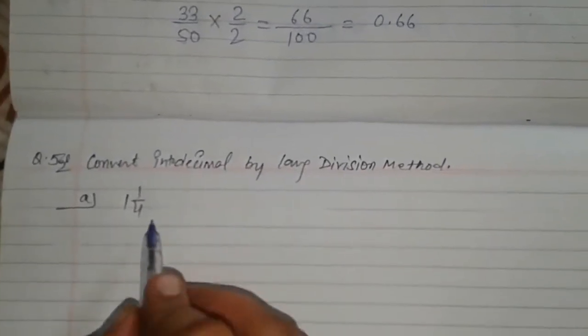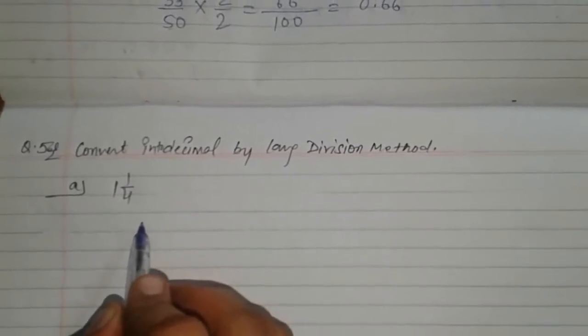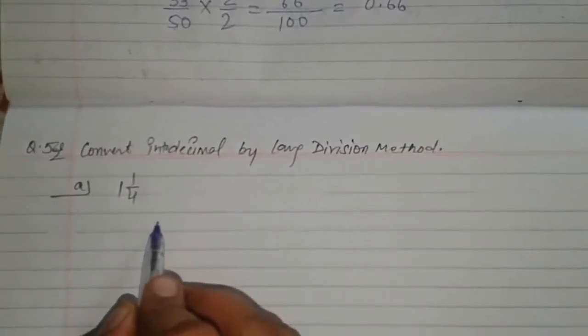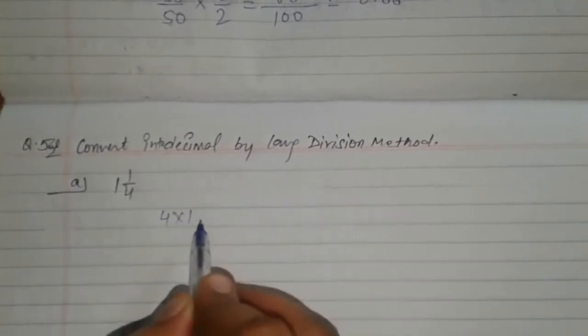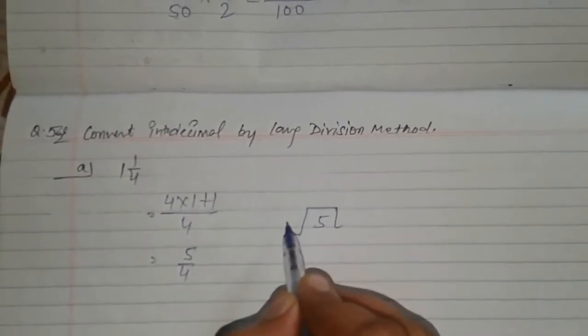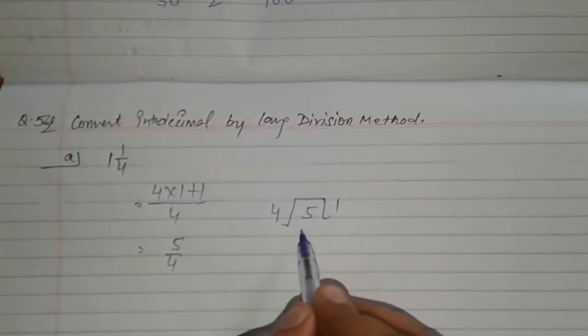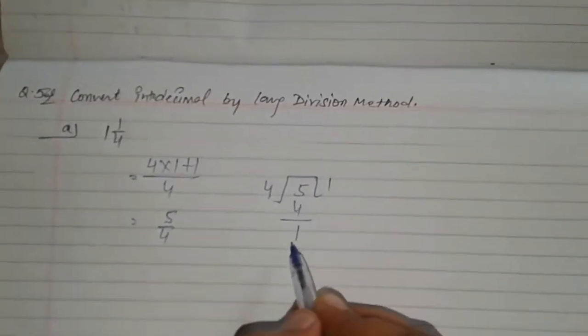By the long division method, for that we have to convert it into an improper fraction: 4 multiply 1 plus 1 upon 4, it is 5 upon 4. 5 is divided by 4: 4 ones are 4, 1 is left.